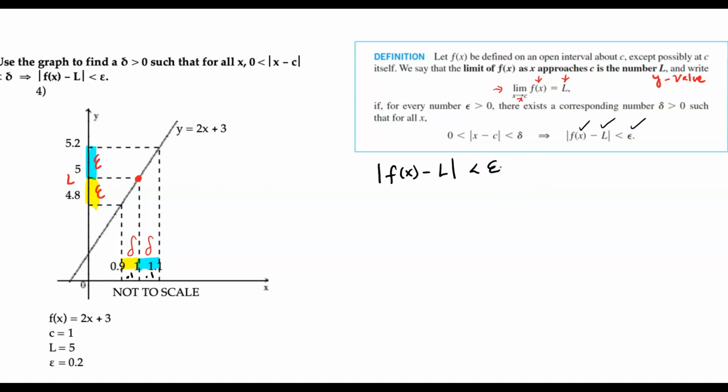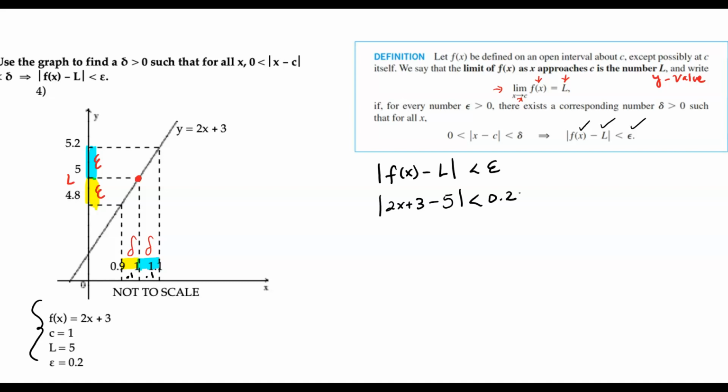Now we're going to plug in what we know. F of x is 2x plus 3 minus the limit, which happened to be 5. I'm reading all of this information that was given, and it has to be less than epsilon, which is a y tolerance of 0.2. That means we're going to come in between 4.8 and 5.2, around 5, which is the limit. So that's what it means.